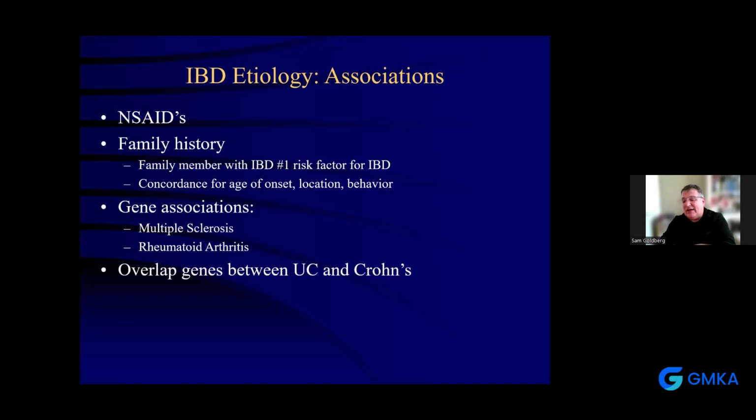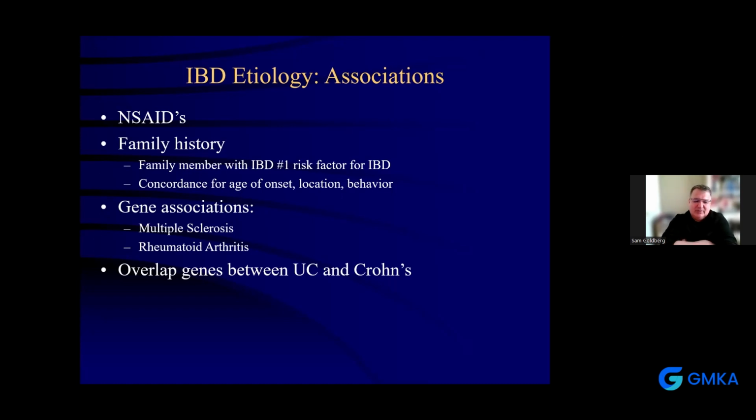Her mother had her after she had a severe flare of ulcerative colitis. The thing that's interesting about that family is the father of the young woman is Jewish and her mother is Irish, and she gets it from her mother. And it's literally exactly the same pattern that her mother had, same age and everything.